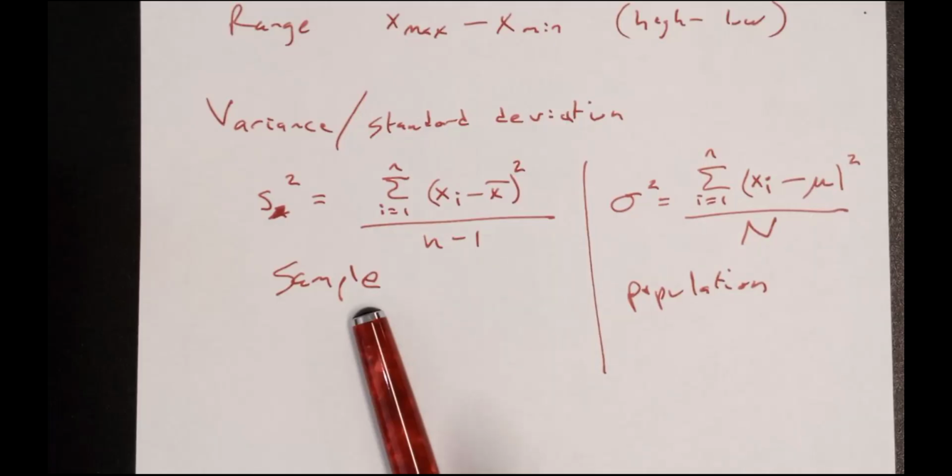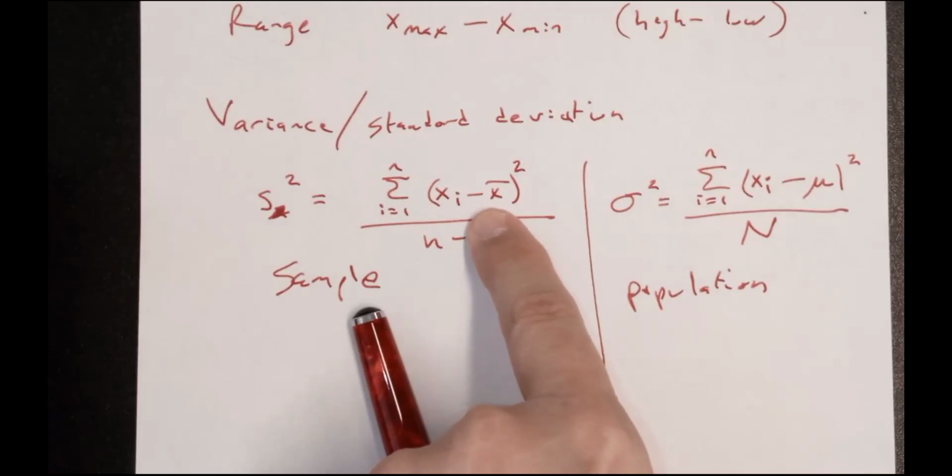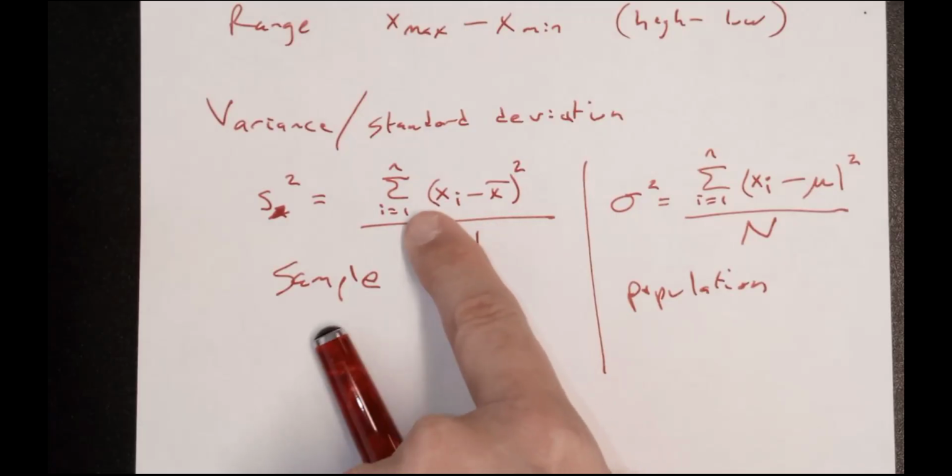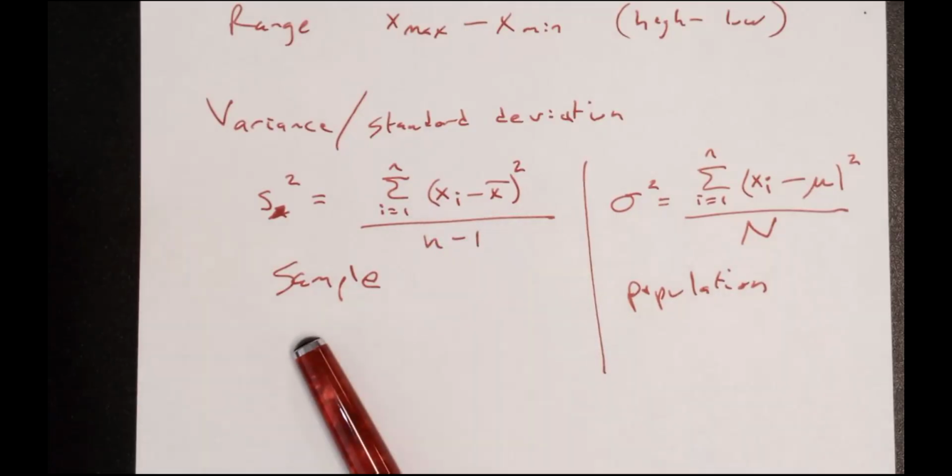But this number is calculated from these numbers. You get X bar from all of the X's you gathered, right? Which means you've used those numbers once.